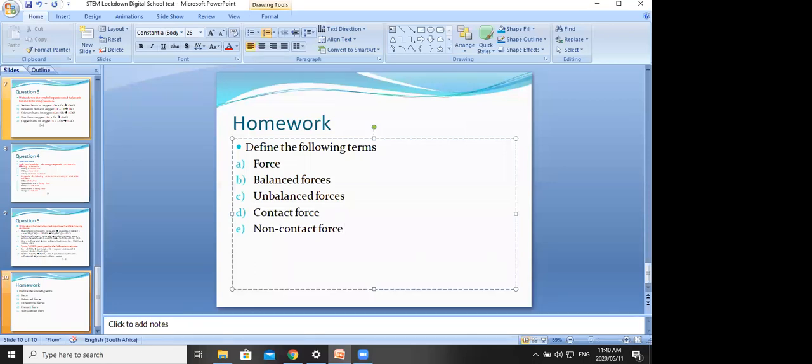That is our homework. I will be emailing these slides immediately after this. And then please define those terms for you to be familiar with our topic for tomorrow.